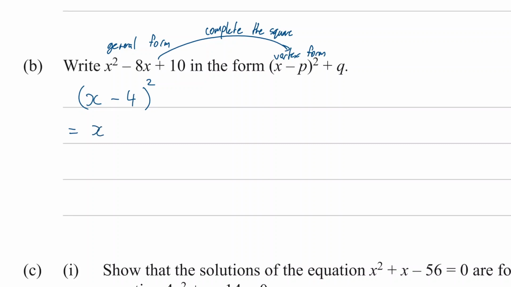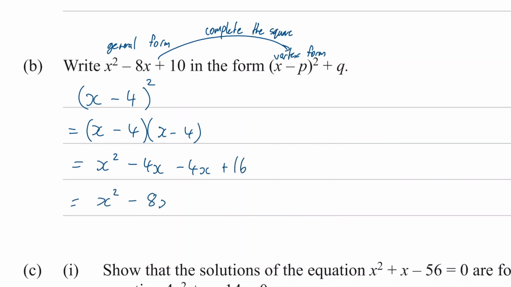We'd get x minus 4 squared, which is x squared minus 4x plus 16. And we can group the minus 4x's to give us minus 8x. So notice by picking half of minus 8 in our brackets for x minus 4 squared, when we expand it, we get back minus 8x.